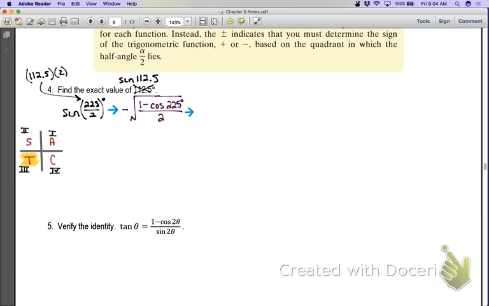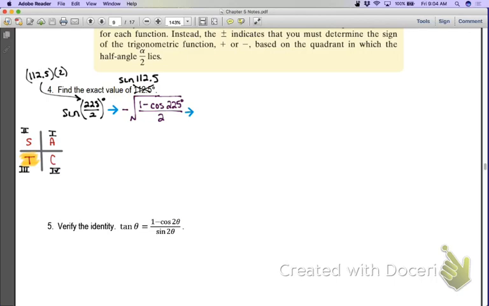Again, we're going to give you values that are nice and neat and easy to work with. I'm not going to give you 49.5 and make you go from there. So if I have a 45-degree angle, what is cosine of 45 degrees?